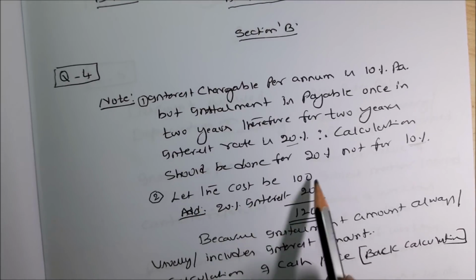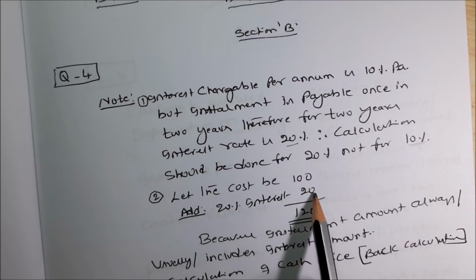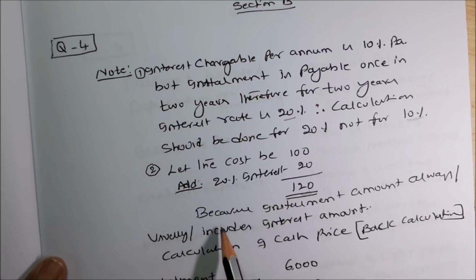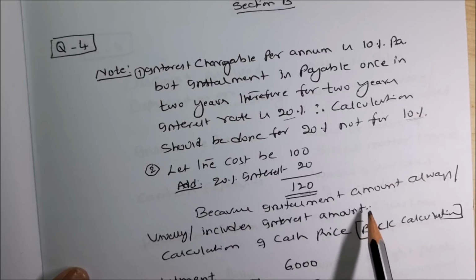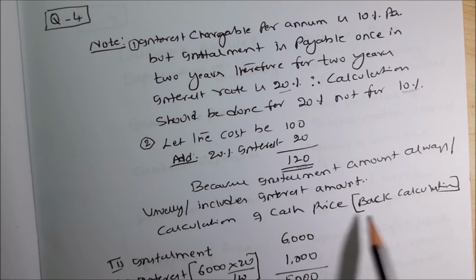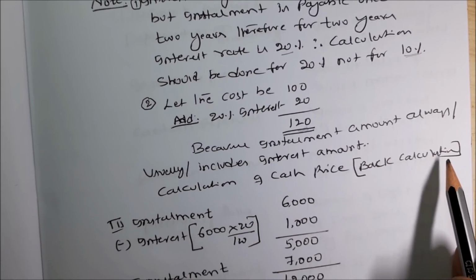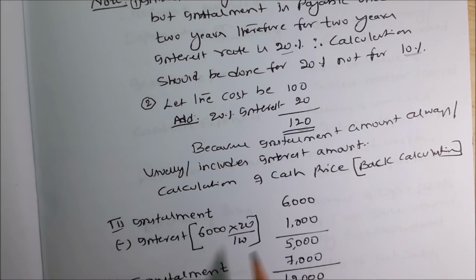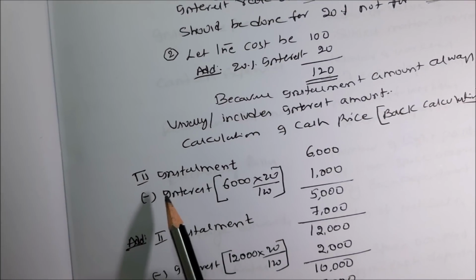Let the cost be 100, add 20% interest, then it automatically becomes 120, because the installment amount usually includes the interest amount. Calculation of cash price, I have written back calculation. In back calculation, you have to come from the last installment, that is called the third installment.